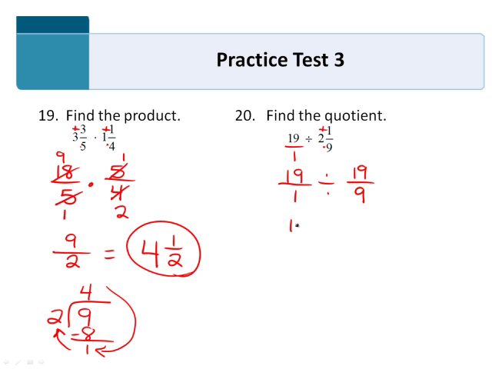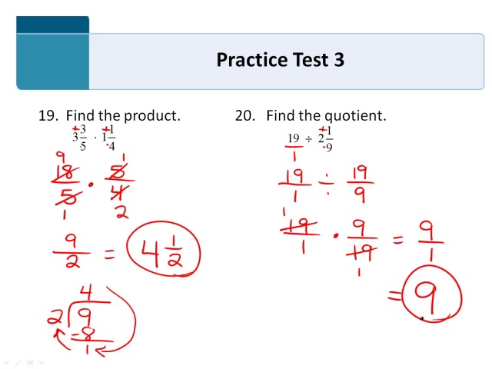So now we keep it the same, change it to multiplication, and flip. Remember, use the reciprocal. So 9 over 19. Now, the nice thing here, the 19s cancel. Those just cancel out to 1s. So we end up with 9 over 1, which is just 9. Not too bad.